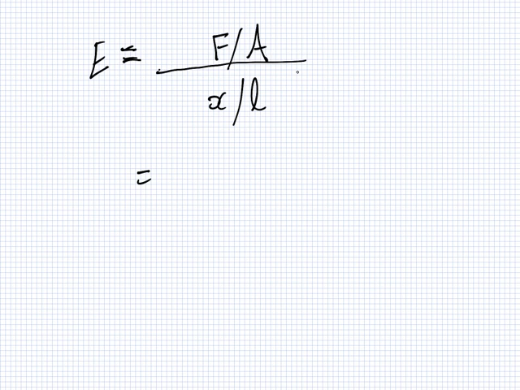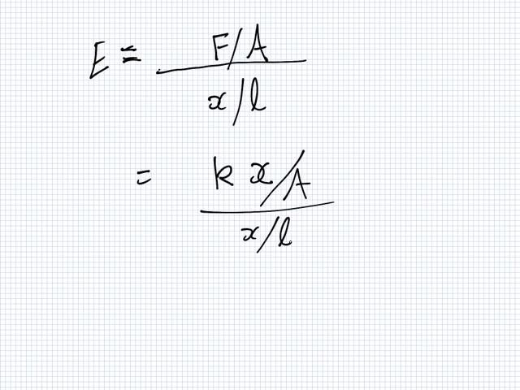So what did Hooke say F is? K times extension, over area, over extension over length. Yep. So what can I cancel here? The extensions. So I'll be left with K L over A when you simplify it down.